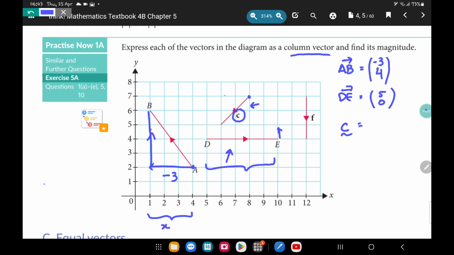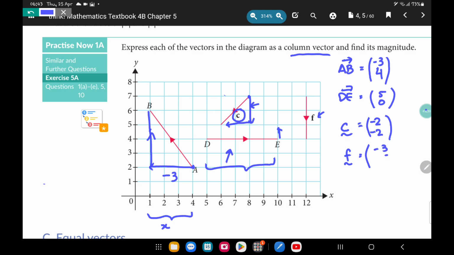So from the start point to reach the end point, I have to go down by 2 units. And I have to go to the right by 2 units. So negative 2.